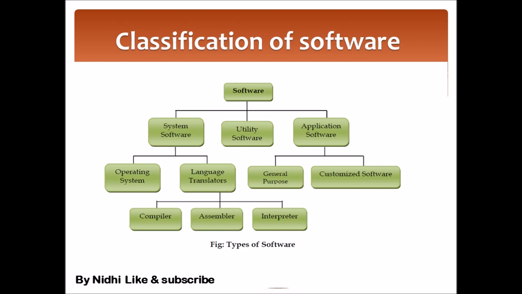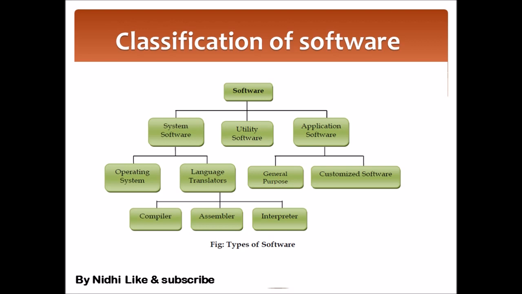On the basis of that, software can be classified into three parts: system software, utility software and application software. In some books you will find two categories, system software and application software, where utility is considered system software, but here I have given a diagram that categorizes it into three parts.